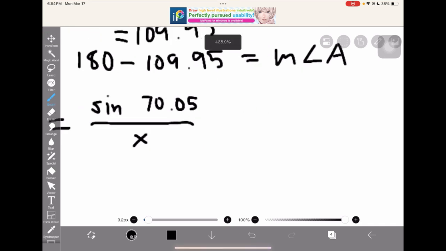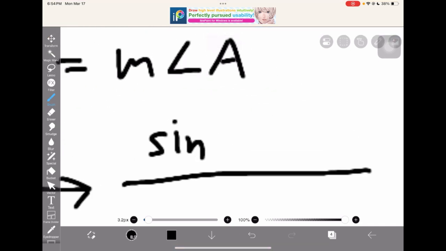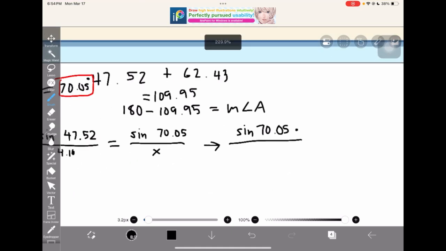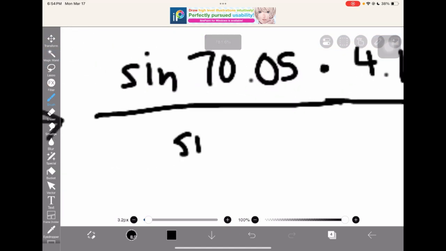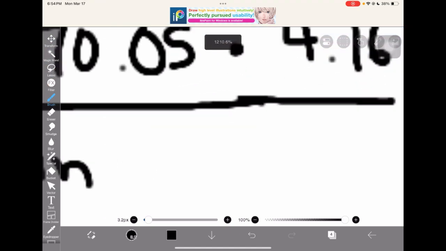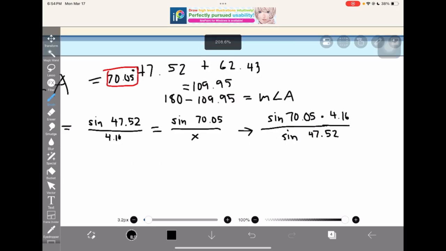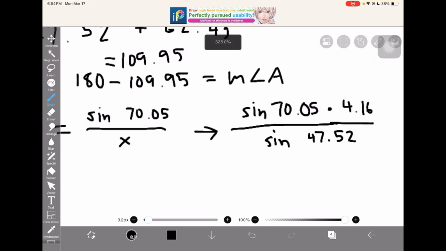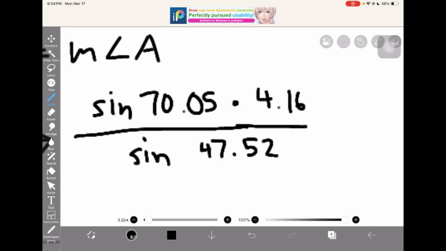So we have to do sine 70.05 multiplied by 4.16 all over sine 47.52. For more advanced calculators, you can actually just type this in and solve for x, but this is also a valid solution if you're required to show your solution.